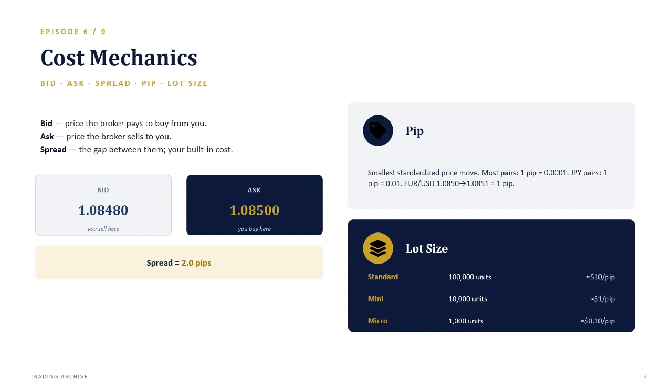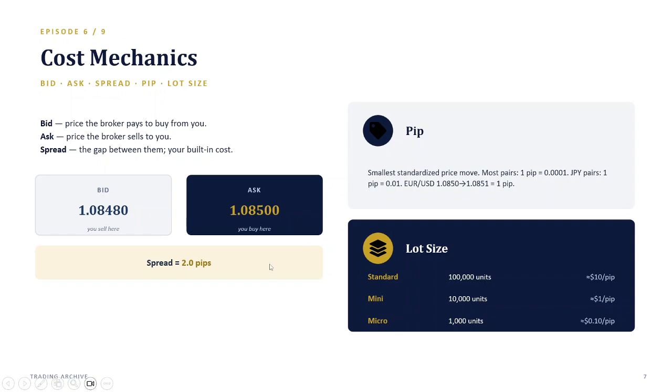As you can see, the spread is equal to 2.0 pips. What are pips? A pip just stands for percentage in point. A pip is a difference in price movement. For example, look at the difference between the bid and the ask here, 8408 and 8500.